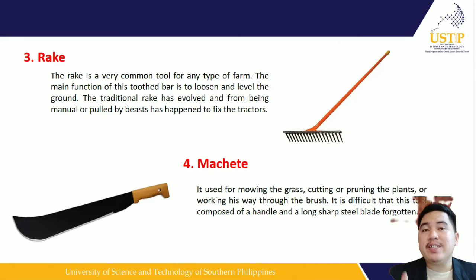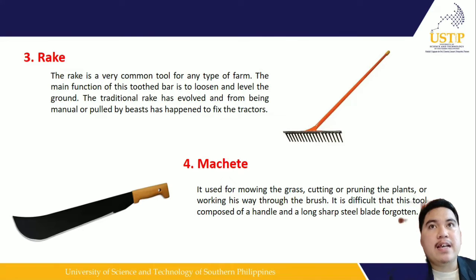So, okay, so number 4 is machete. So, machete is used for mowing the grass, cutting or pruning the plants, or working your way through the brush. This tool is composed of a handle and a long sharp steel blade. So, machete, kani siya nga hand tool, pwede ta makagamit ani either as an agricultural implement that is similar to an axe, alright?